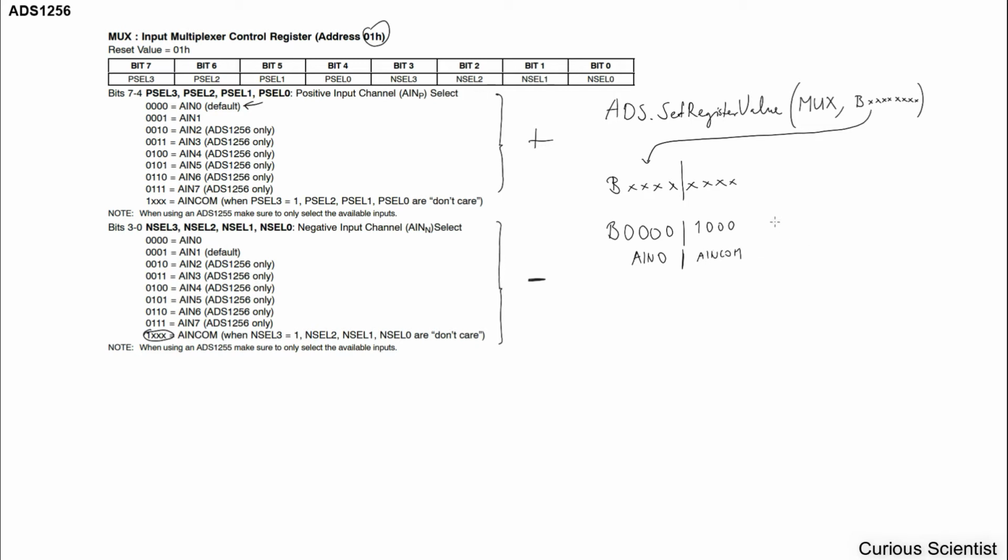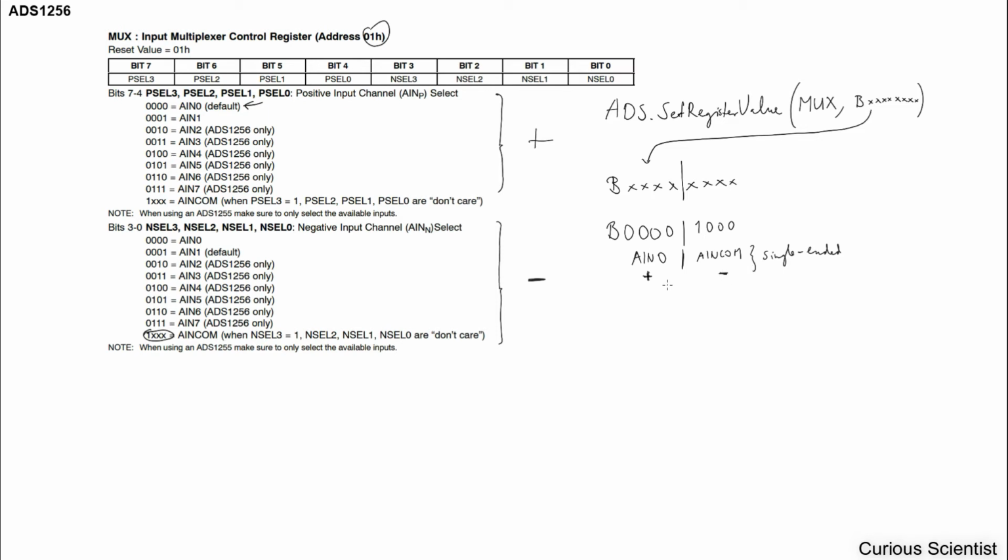So this is basically that we have this as the positive pin and the common is the negative, so this is a single-ended measurement mode. This is when you use the 8 channels, and among the 8 channels you choose AIN0 as the positive and the common pin as the negative.